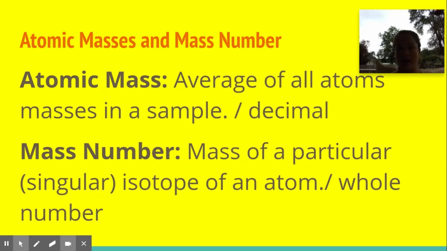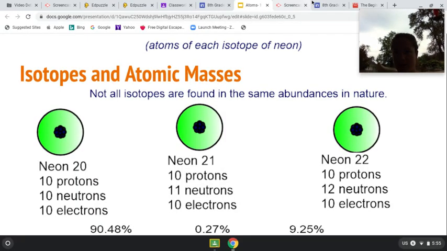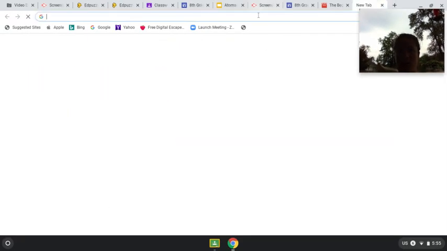If we went back to the neon here, the mass number would be 20 for this particular one, because we're adding 10 plus 10. But neon, as it's on its own, let me just look that up really quick.